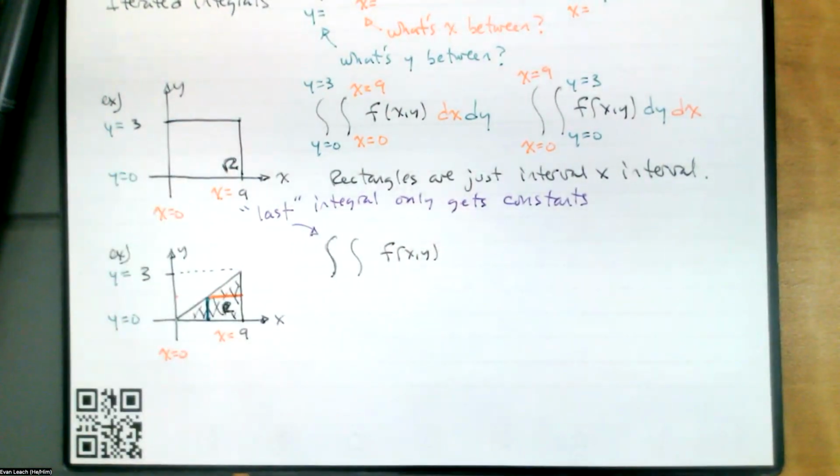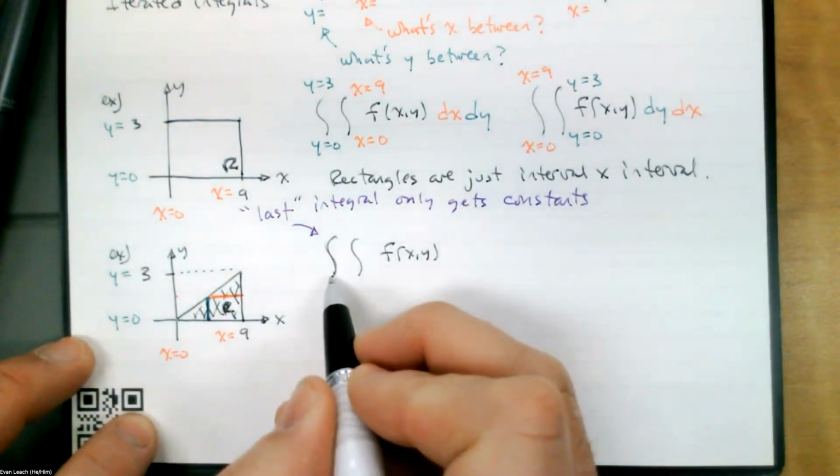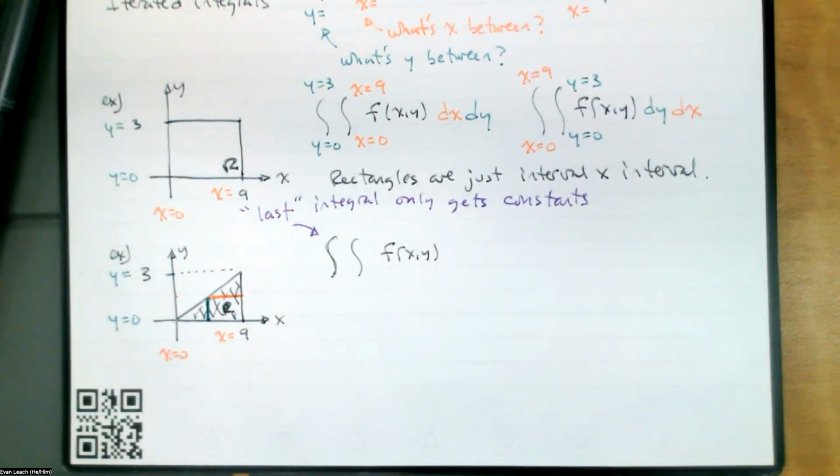That outside, or the last integral, only gets to use constants. Earlier integrals can use functions of upcoming variables. This is, I think, the language I'm going to settle on for this. It's changed in the past. So here's our last integral. We have to put constants there, but early integrals can use functions of upcoming variables.